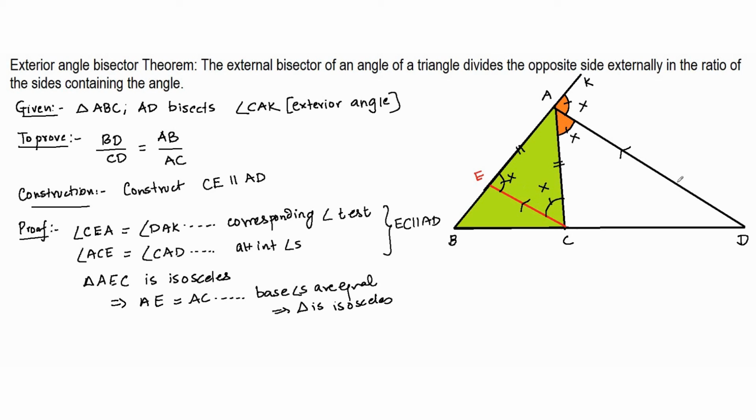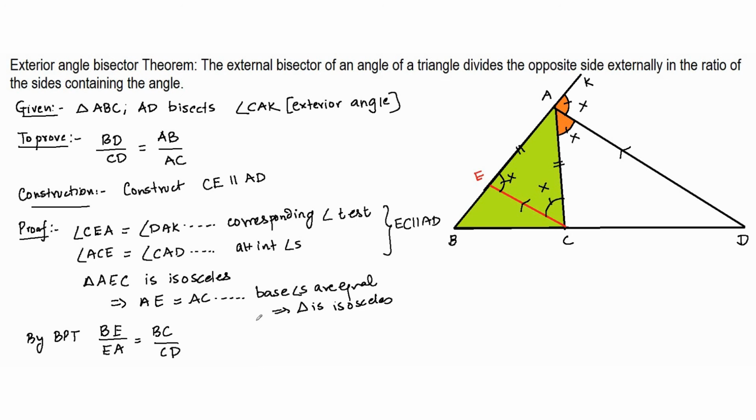So now I know that CE is parallel to AD, so I can apply BPT. By BPT I can say that BE divided by EA should be equal to BC divided by CD, right? This is the statement for BPT.